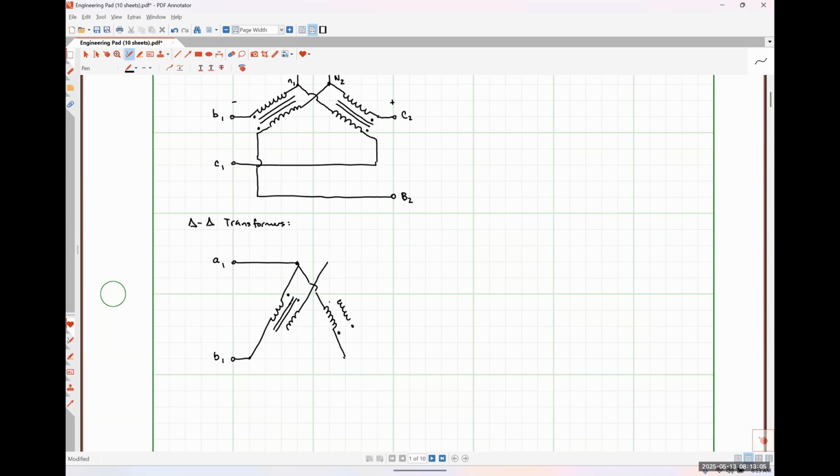Here's my second coil. Here's my lines. And then dot. There's my lines.